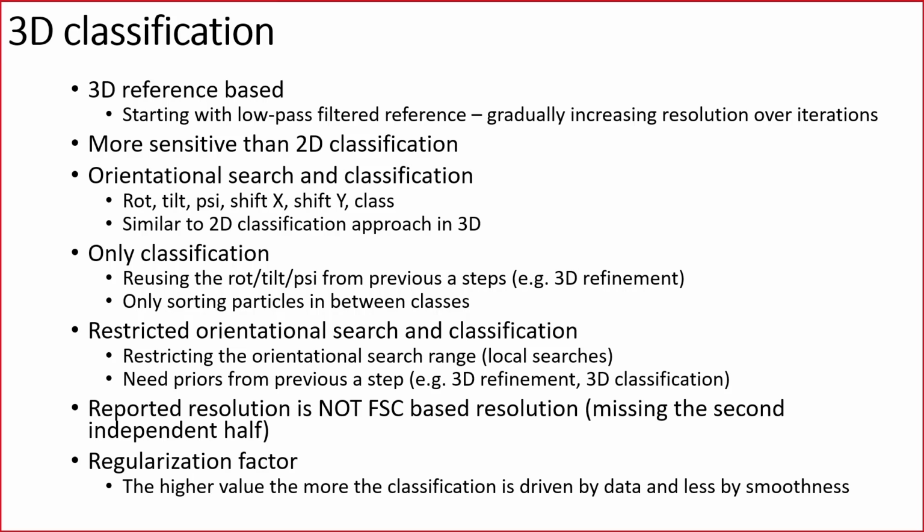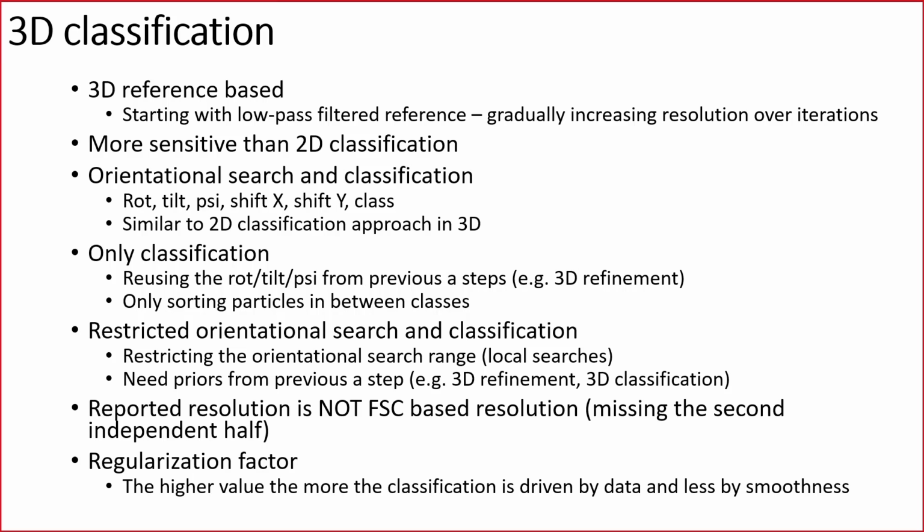Also, a big difference in this 3D classification, compared with 3D refinement, is that we don't have any 2 halves here. We are always working with all the particles because we want to classify all the particles. Now, to speed up the classification, what we can do is just classification, so not do alignment, because sometimes we have already found the most proper angles of our particles in a previous 3D refinement, and we can use these priors of the orientations and the shifts for the classification.